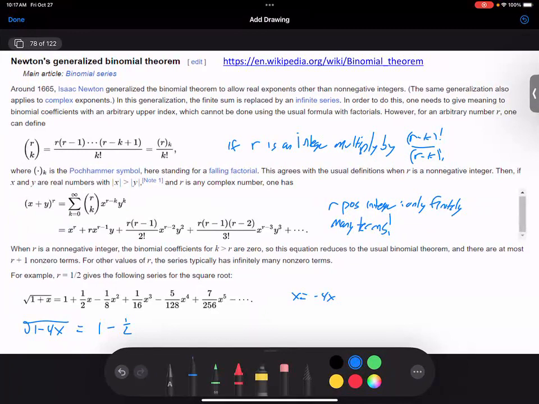So the minus a half, oh no, I put in the negative 4x, okay. And then the next term will be minus 1/8 4 squared x squared. And then the next one will be minus 1/16 4 cubed x cubed. And the next one will be minus 5 over 128 4 to the 4th x to the 5th.